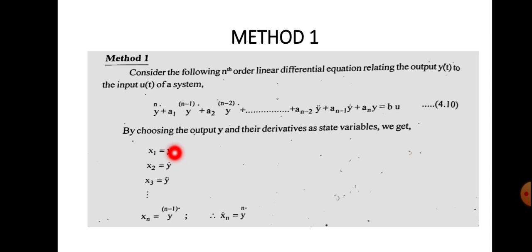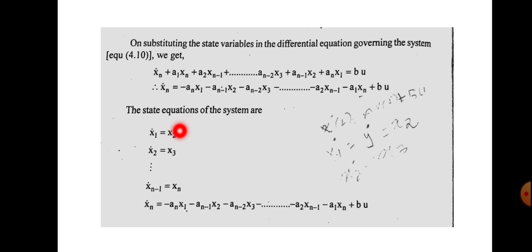Since x1 equal to y, y dot will be equal to x1 dot. So instead of y dot you can substitute x1 dot here. Similarly, instead of y double dot you can substitute x2 dot. Like that you will get the different state equations as x1 dot equal to x2, x2 dot equal to x3. Similarly, xn minus 1 dot equal to xn.